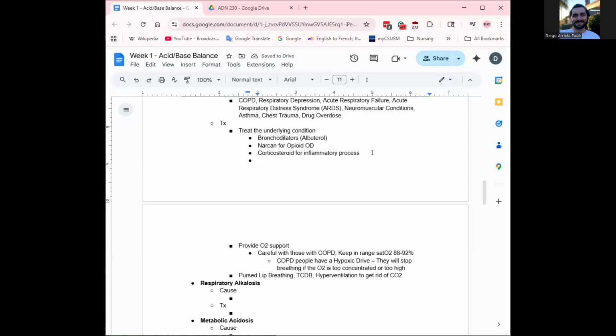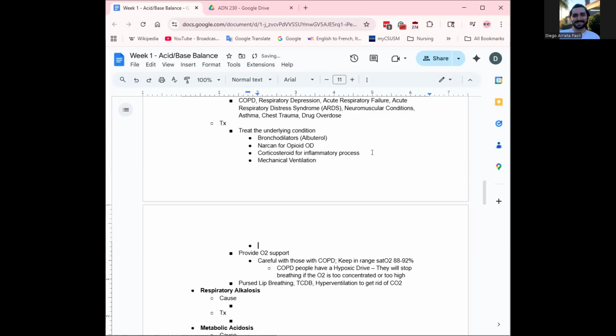Some things I'll include under treat the underlying condition: if it's really bad, you can have mechanical ventilation. You can have your BiPAP slash CPAP. They call that the bridge to ventilation. And then if they need to be ventilated, that's something we can do as well. And then one of the interesting things with this one is I'm going to include fix electrolyte imbalance.